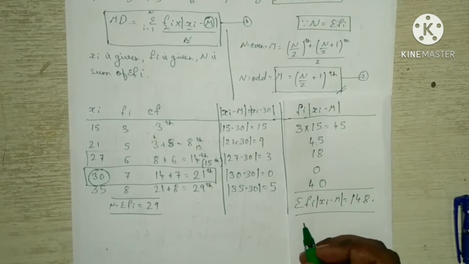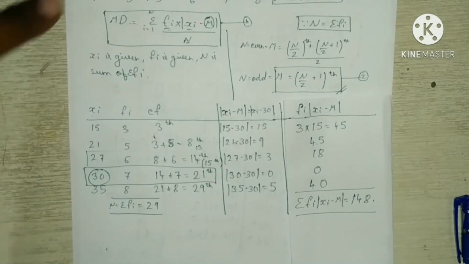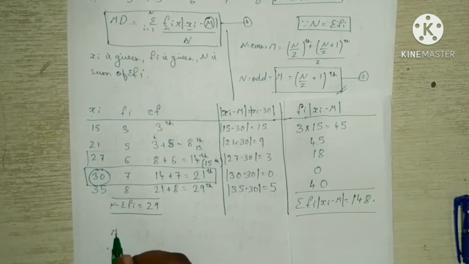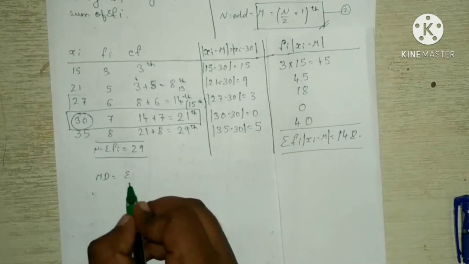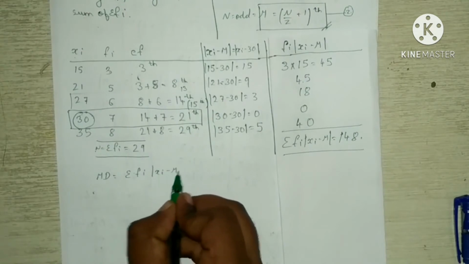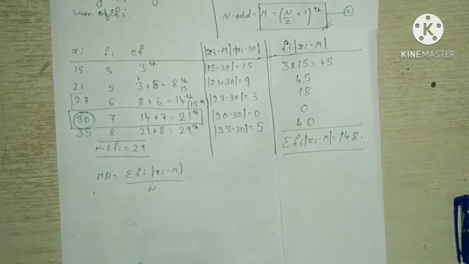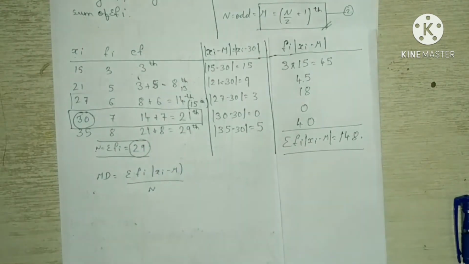Now you need to substitute in equation number 1, the formula of mean deviation. MD is equal to summation fi into xi minus m, whole divided by n. n is 29, and the summation is 148.